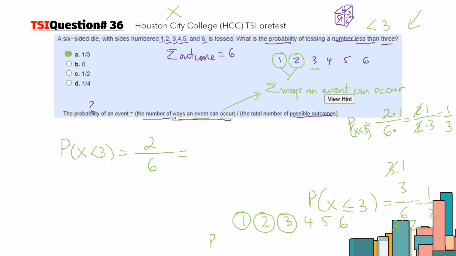So now it's 2 over 6, and we divide top and bottom by 2. So 6 divided by 2 is 3. You can do it like that, or you can say 2 divided by 2 over 6 divided by 2. That is 1 over 3. Either way, you will have the same answer.